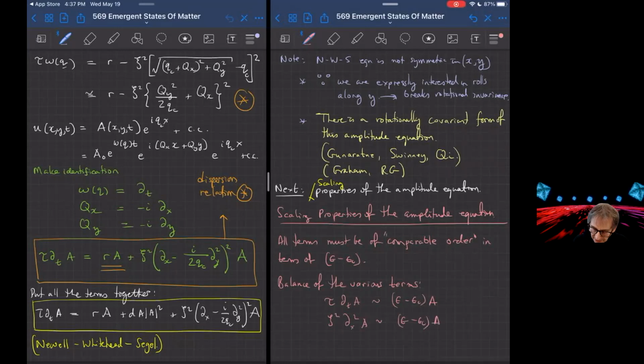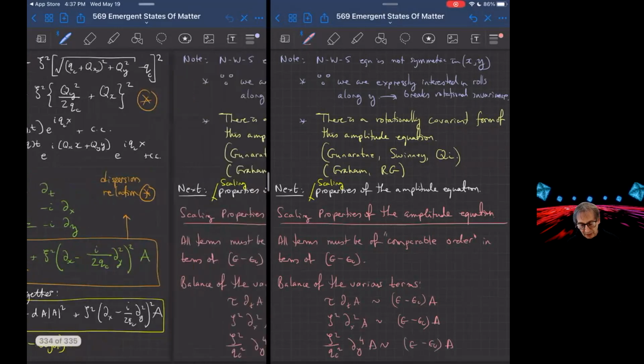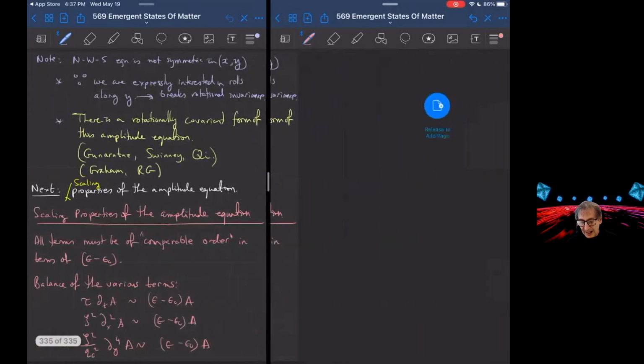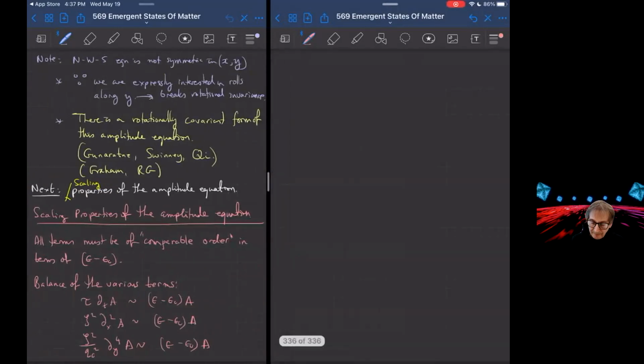On the other hand, the term xi squared over qc squared dy to the fourth of A also is of order epsilon minus epsilon c. All of these terms have to be comparable. And so what we can see is an interesting anisotropy in this problem.